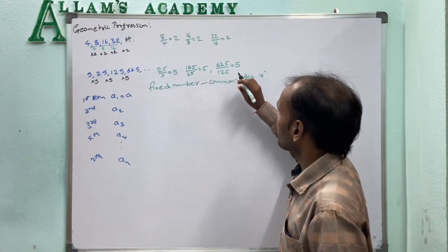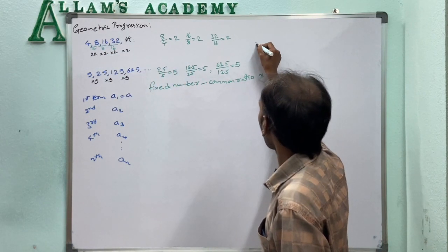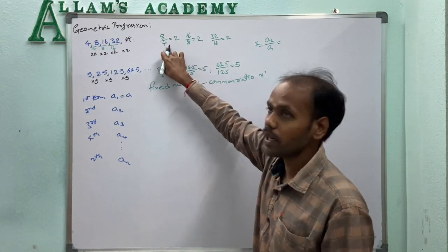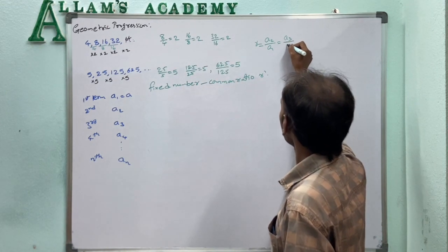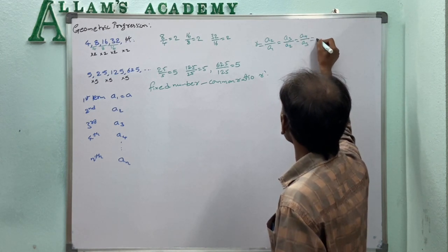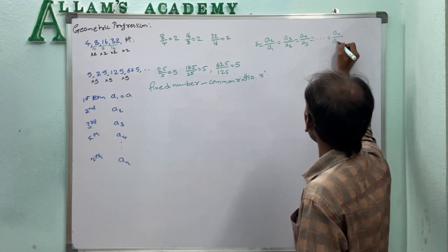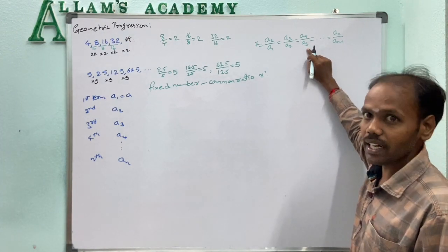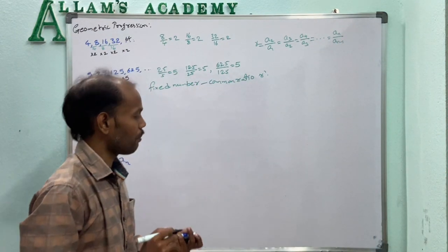For the terms a1, a2, a3, a4, the common ratio r is equal to a2 by a1, second term by first term, otherwise a3 by a2, otherwise a4 by a3, and so on. We can write an by an minus 1, the nth term by the preceding term.